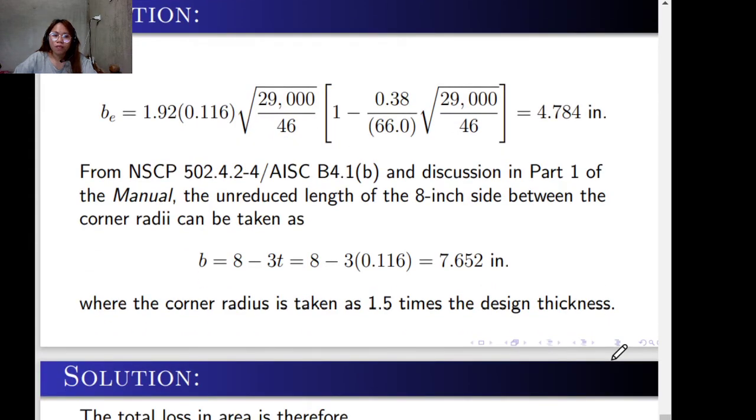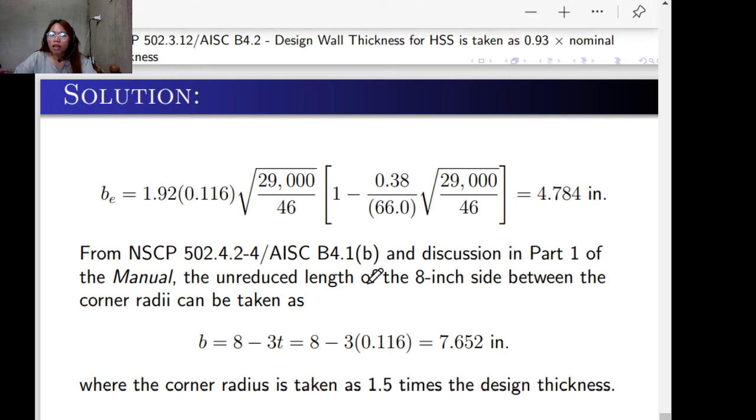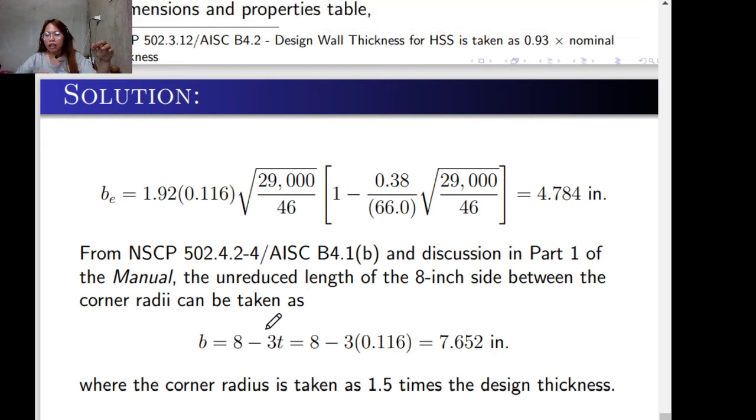Then, from NSCP 502.4.2-4 or AISC B4.1(b) and the discussion in part 1 of the manual, the unreduced length of the 8-inch side between the corner radii can be taken as b, or the actual width or height minus 3 times the design thickness.